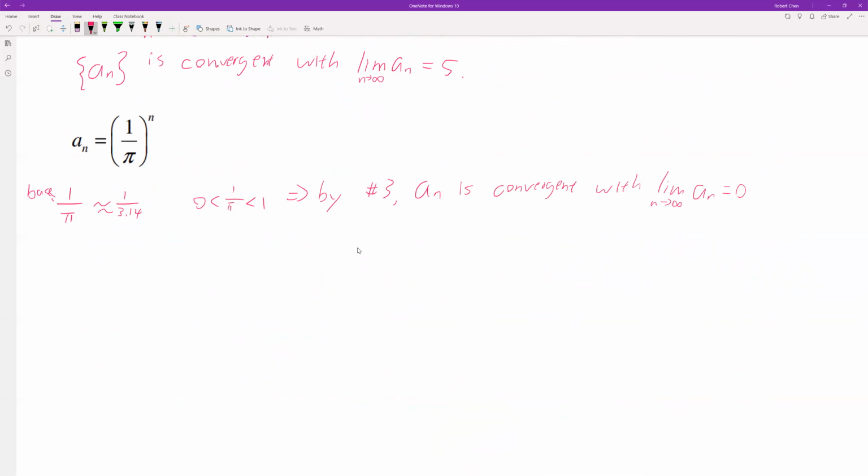Now, let's say you forgot, right? Let's say you forgot how point number 3 works, and you want to try to find out the limit, and it will still work, right? Let me show you. Okay, so I have 1 over pi to the nth power. Okay, so this is 0 point something, right?